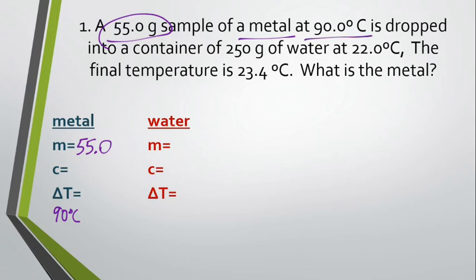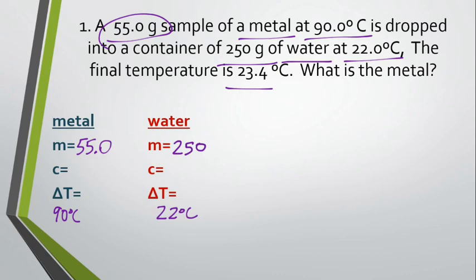And it says it's dropped into a container with 250 grams of water. So even though it's not what I was looking for quite yet, let's write that down. That water was at 22 degrees Celsius. And then it says the final temperature is 23.4 degrees Celsius. What is the metal?